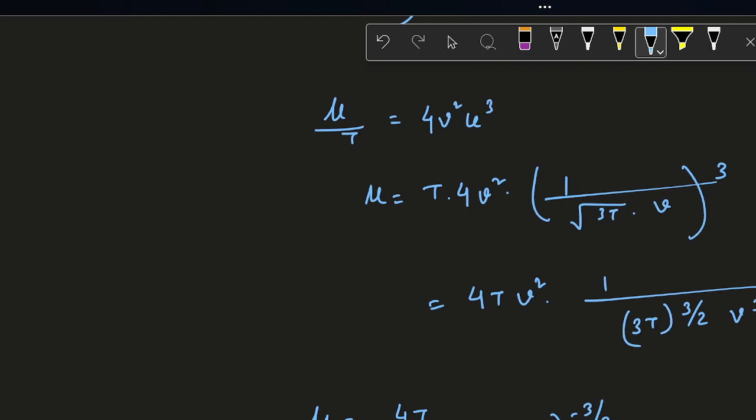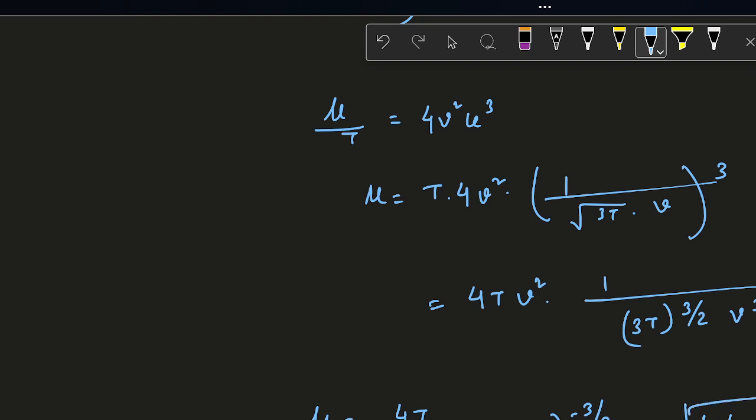So simplifying it further, you get this is equal to your 4, then 3 times minus 3 by 2, then t to the power of minus 3 by 2 into t gives you t to the power of just minus half, and then there is 1 by v left. So this is your final answer.